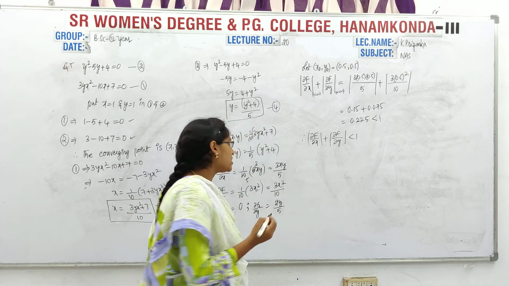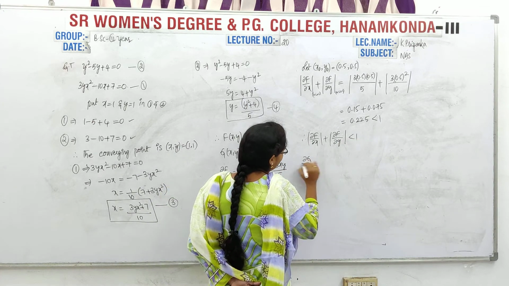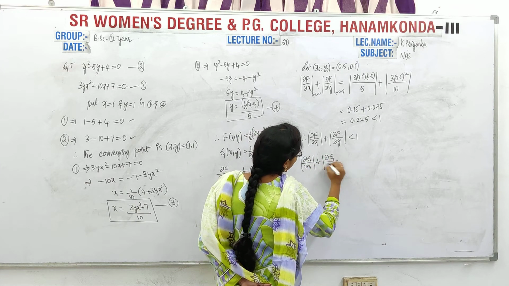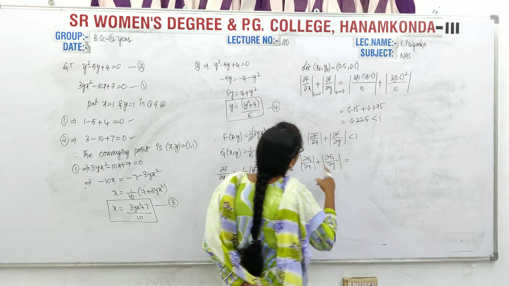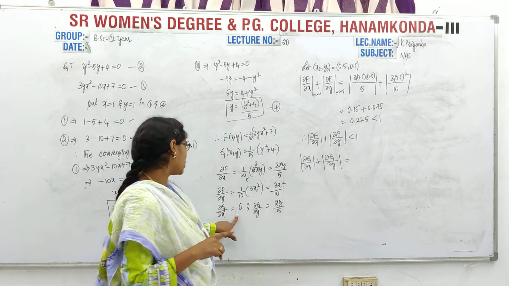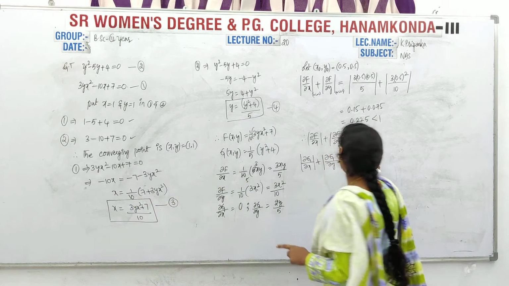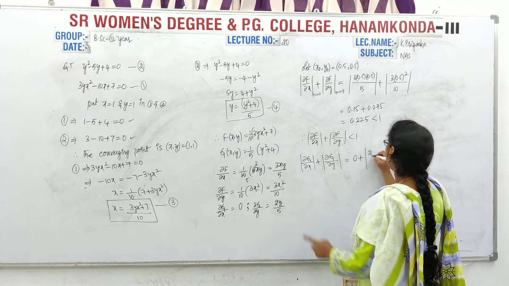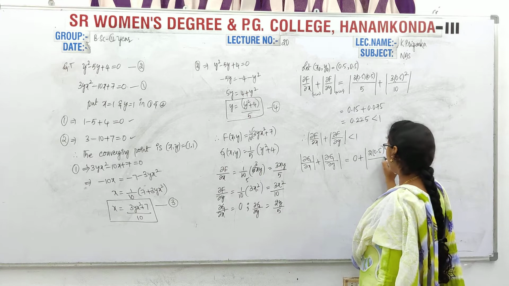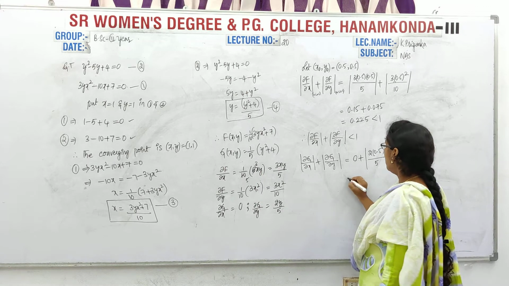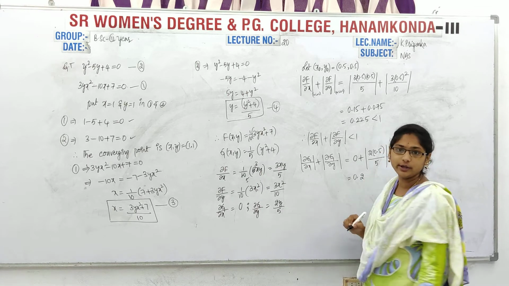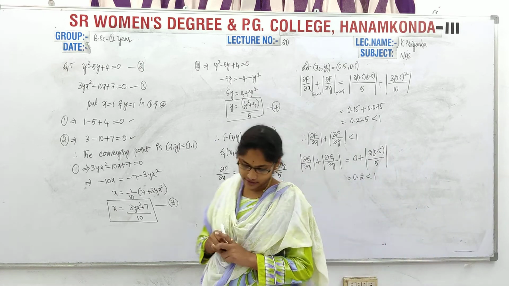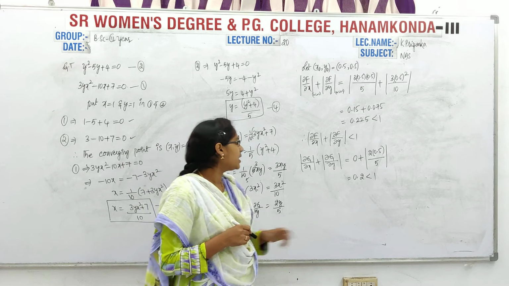Next what we have to check? Modulus of dou g by dou x plus modulus of dou g by dou y, at the same point 0.5. Dou g by dou x is 0, plus modulus of dou g by dou y, which is 2 into 0.5 by 5. Now it is exactly 0.2, which is also less than 1. So what can we write here?